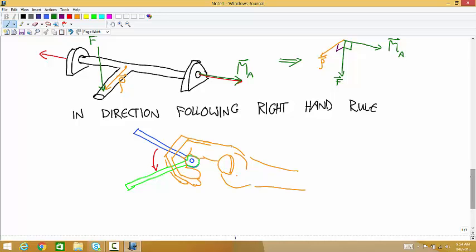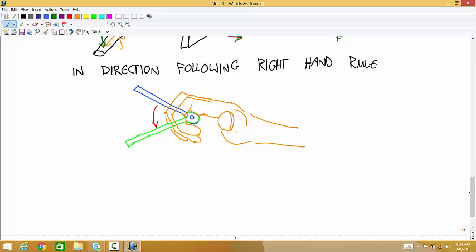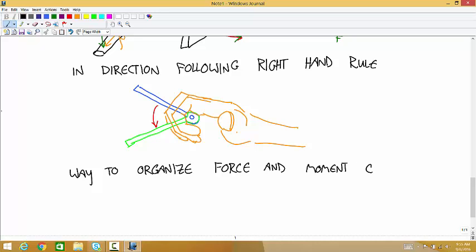And I'm going to introduce this way to organize moment calculations. So it's actually a way to keep track of all the force and moment calculations.